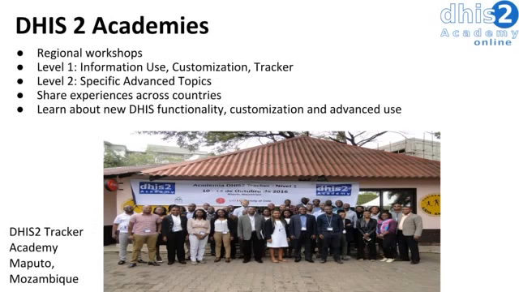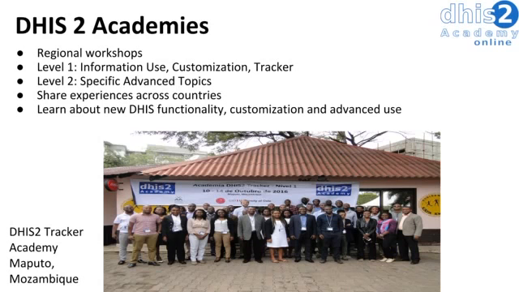The DHIS2 academies have also been evolving since their initial inception in 2012. These regional workshops allow for individuals to come together and learn more about DHIS2. We've recently introduced a new curriculum for the DHIS2 academies, and we will go over this in more detail in other sessions.